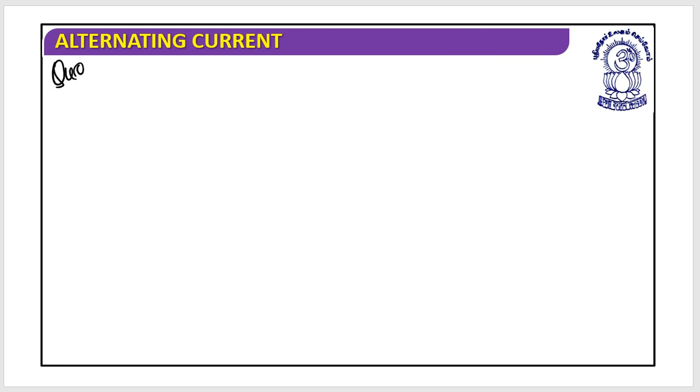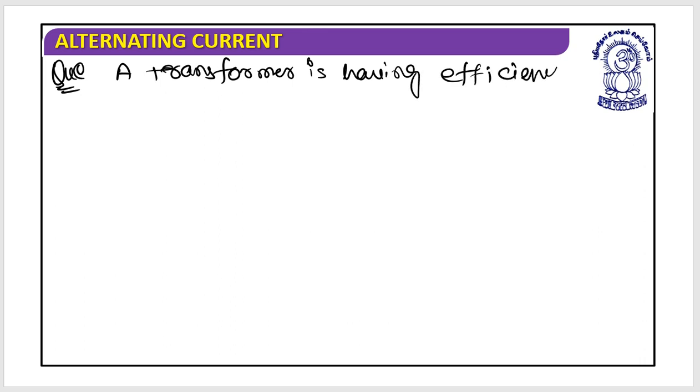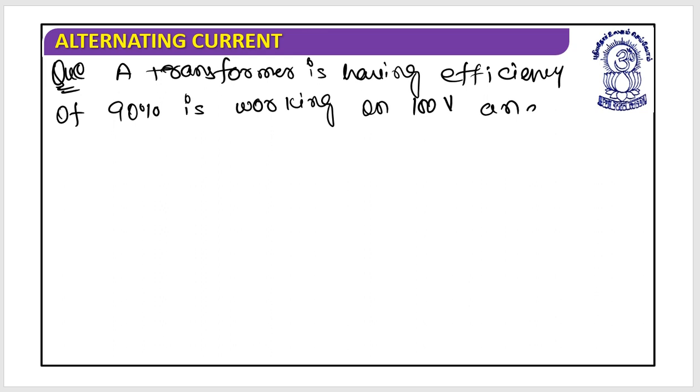Work on the numericals. Suppose the question says that a transformer is having an efficiency of 90 percent, is working on 100 volt and 2 kilowatt power.